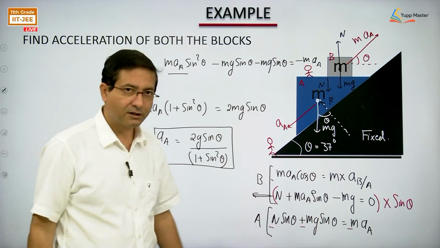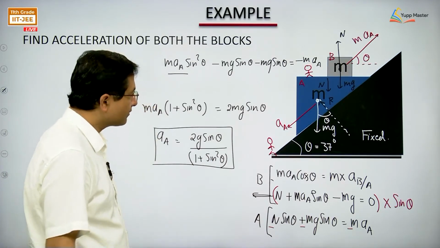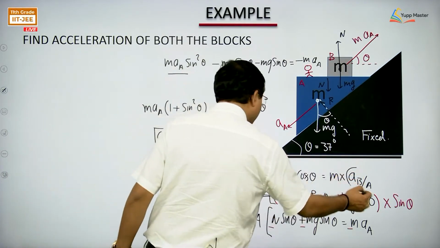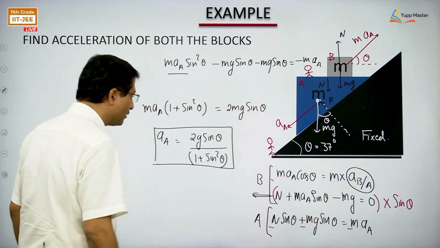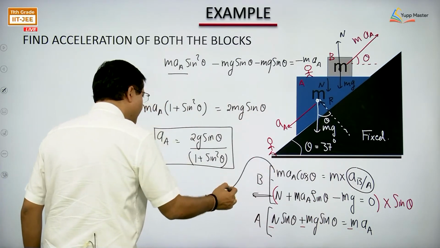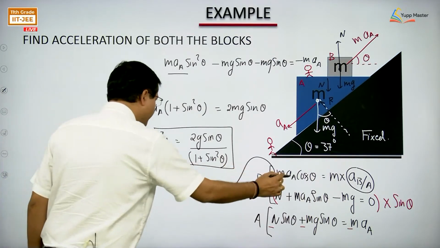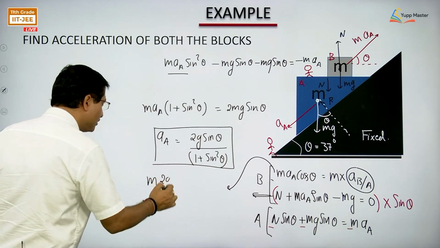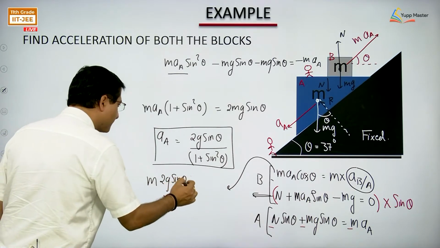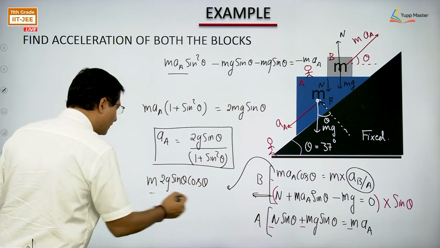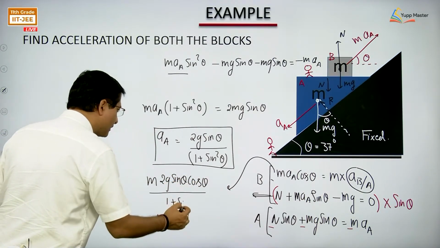If I have the acceleration of A, then I can find the acceleration of B with respect to ground. Look at this one. Here I substitute a_A as 2g sin theta cos theta divided by 1 plus sin square theta.